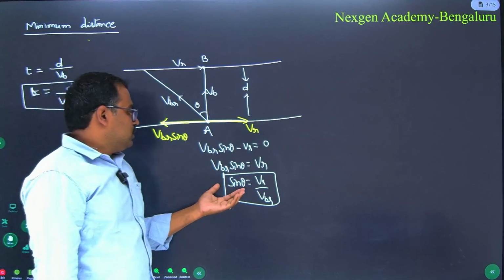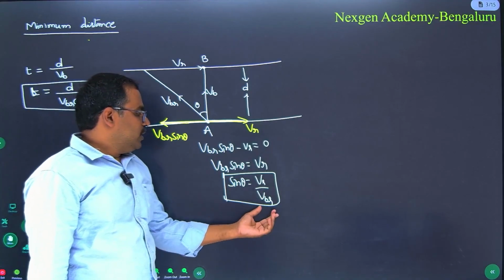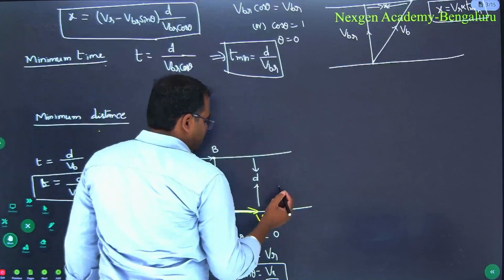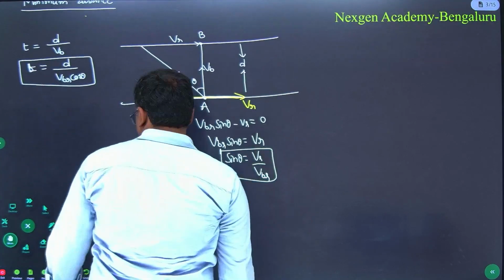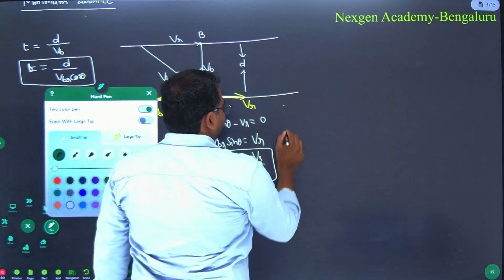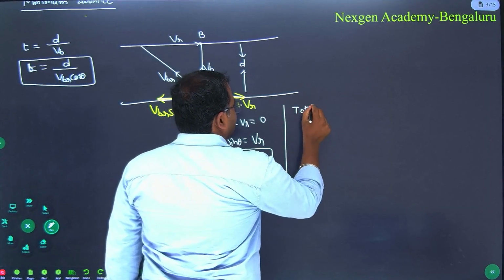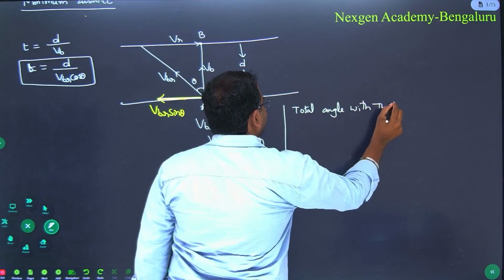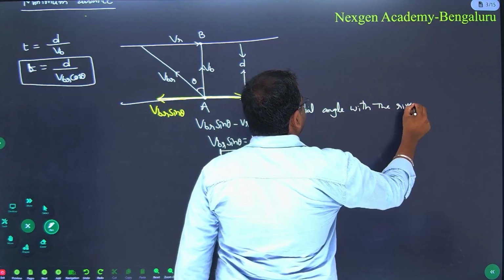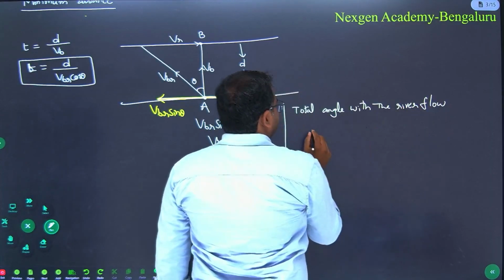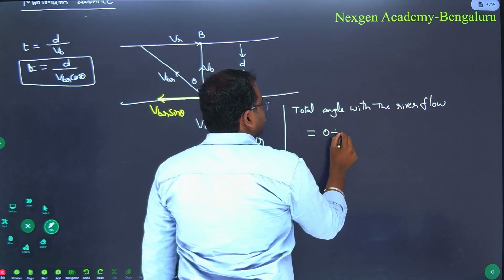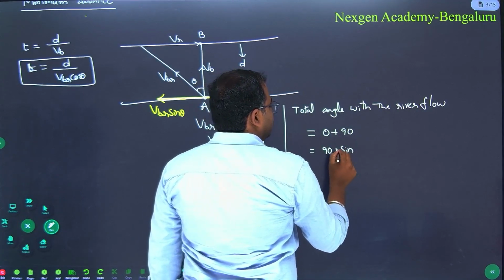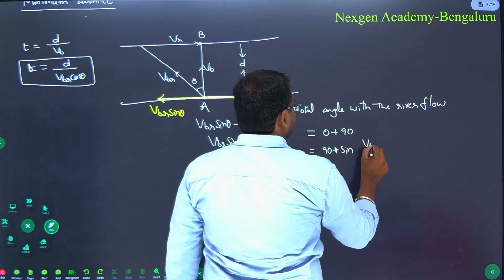And here, for the angle, sin theta is equal to VR by VBR. This theta is with the vertical. The total angle with the river flow is given by theta plus 90, or we can say 90 plus sine inverse of VR by VBR.